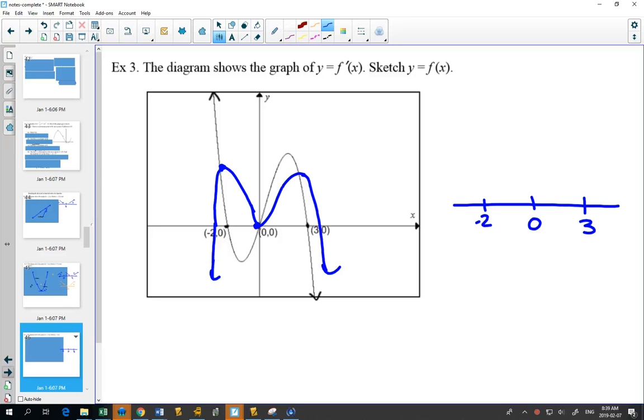Since this is our derivative graph, all I can take from this section here is my derivative graph is positive, then negative in between, then positive, then negative.